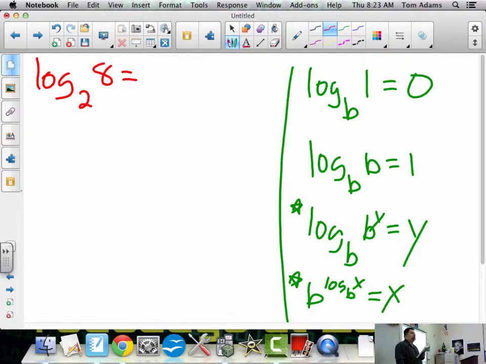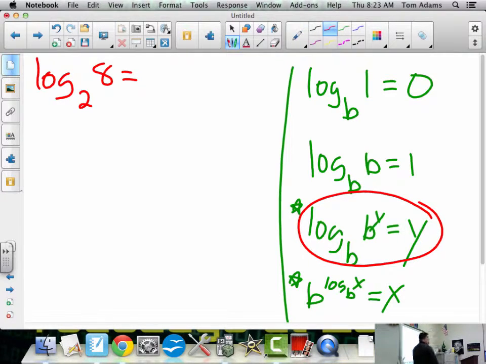This is a technique that's pretty snazzy. If we use this property, if I could take the number 8 and rewrite it in the base of 2, then I know what the answer is. In other words, if I say that this is log base 2 of 2 to the third, right? Because isn't 8 2 to the third power?